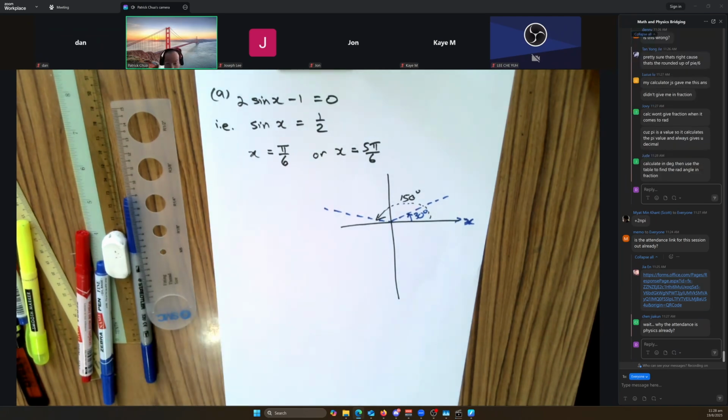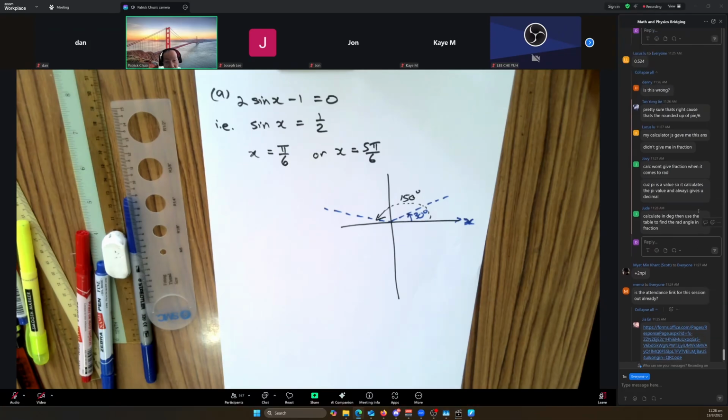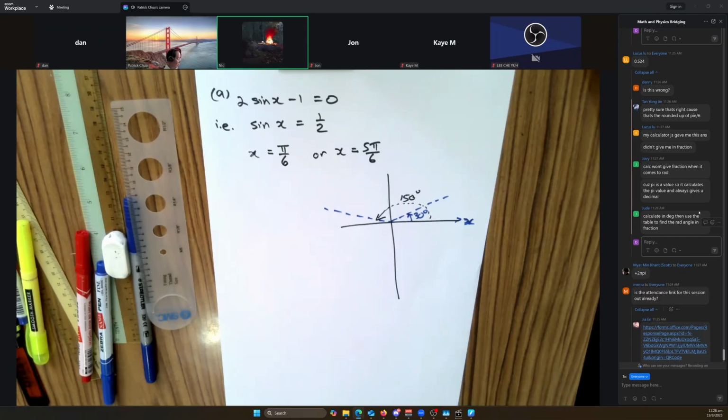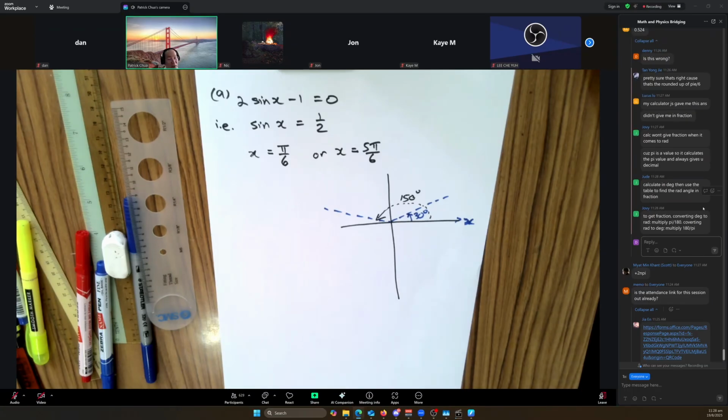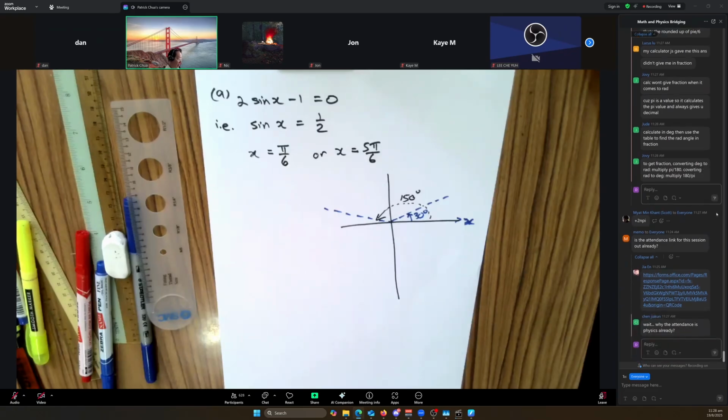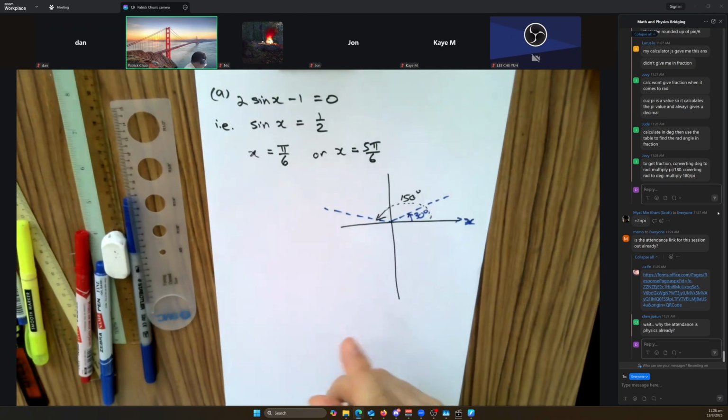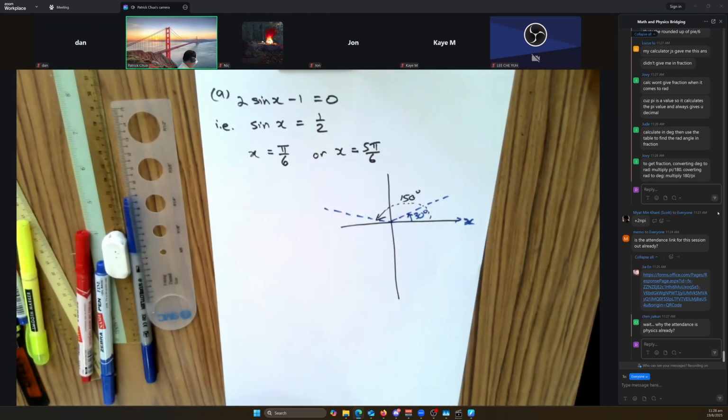Can we leave it in terms of n to show the expression? We'll come to it. Sine of 510 degrees is also half. Wow, so there are not just two or three angles, there are actually many.